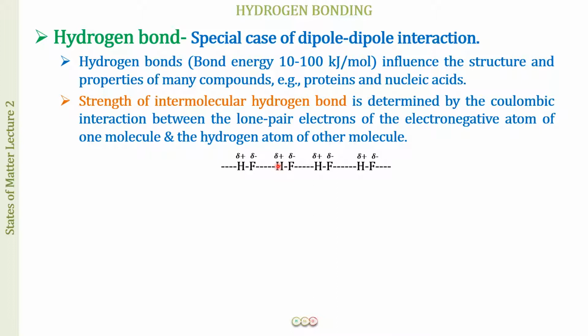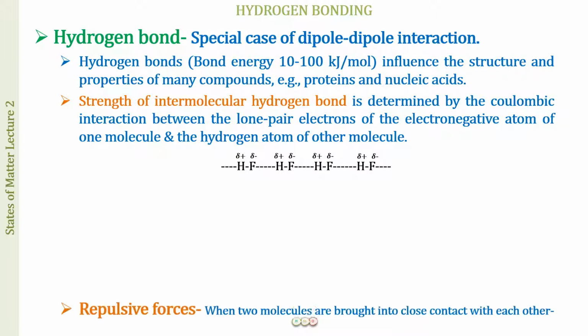This is not a complete charge, but the partial positive charge is also going to be quite high over here. So there is going to be an attractive force over here, and the strength of the intermolecular hydrogen bond will depend upon the interaction between the electronegative atom of one molecule and the hydrogen atom of the other molecule. Right? So as I told you, we will be discussing a lot about this in the next lecture, which is a complete lecture on hydrogen bonding.